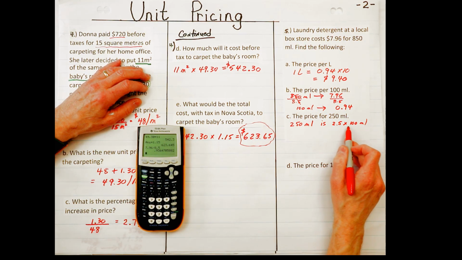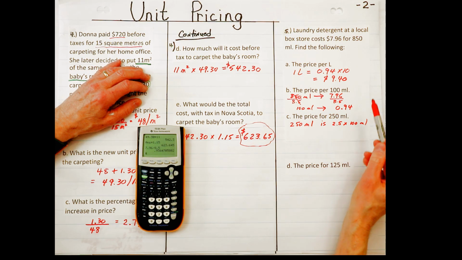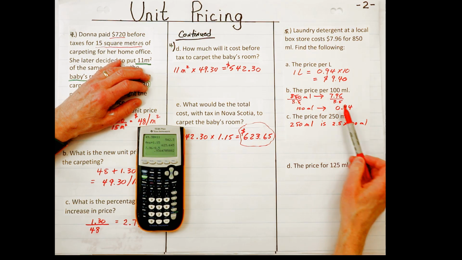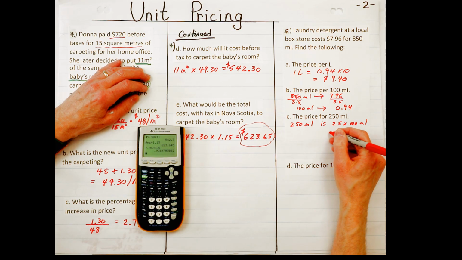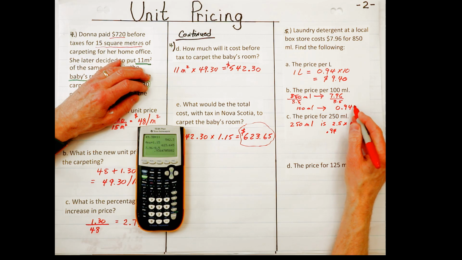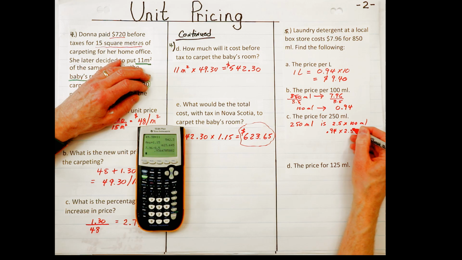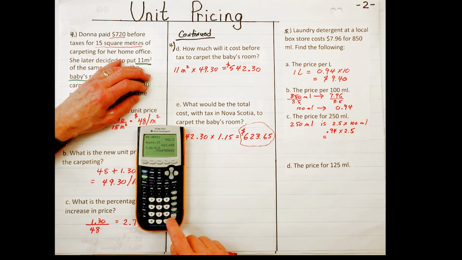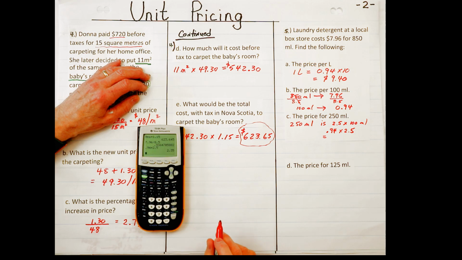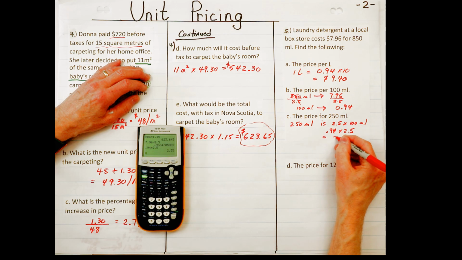So if we take the price at 100, 94 cents is the price for 100 mils. Multiply that by 2.5. That'll give us the price for 250 mils. 94 times 2.5 equals $2.35.